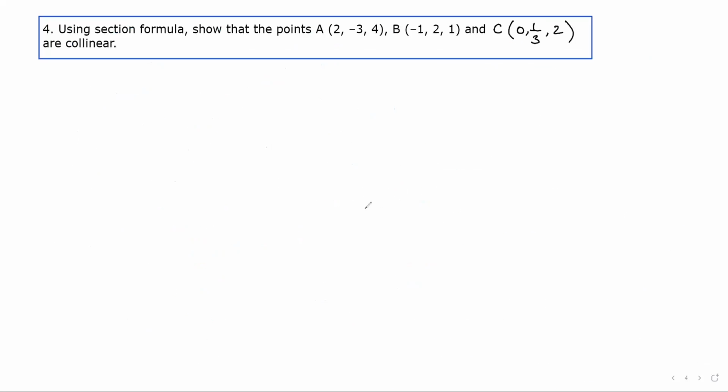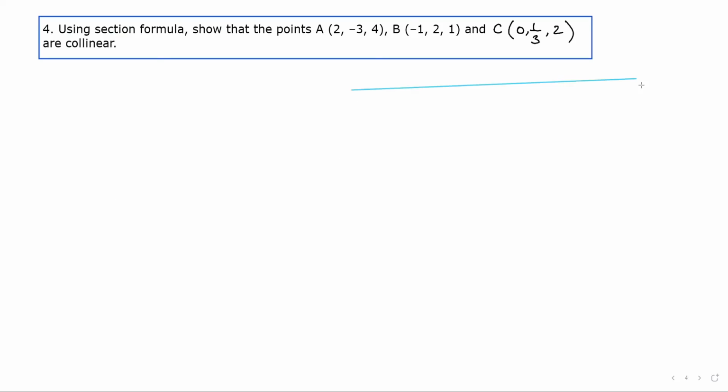Next question. Using section formula, show that the points A, B, and C are collinear. Now, to show that A, B, C are collinear, what we'll consider is, let P be any point which divides the line segment formed by any two of these points.